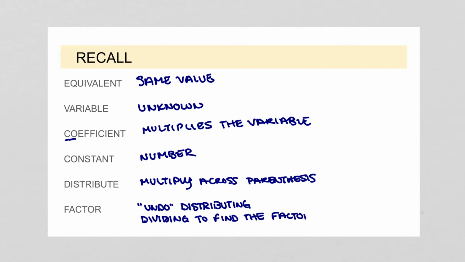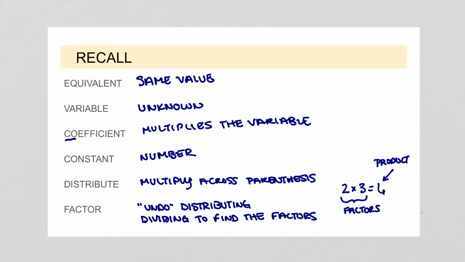And what are factors? Well, factors are just what you multiply together to get your product. So if I said 2 times 3 equals 6, 6 is my product, and 2 times 3, those are my factors. Those are the terms that I multiply together to get my product.